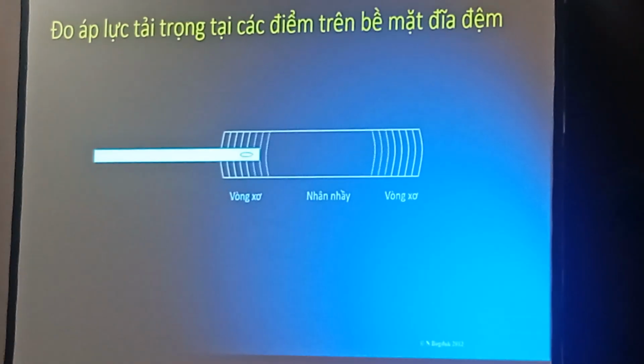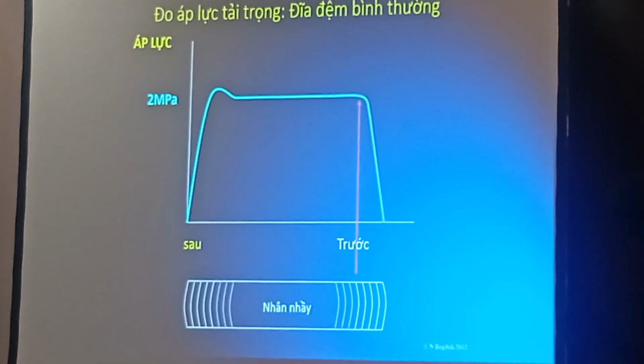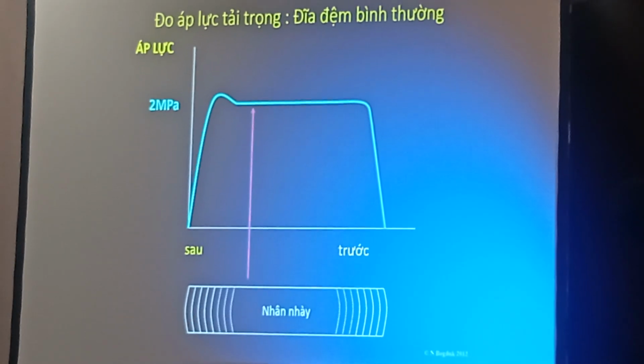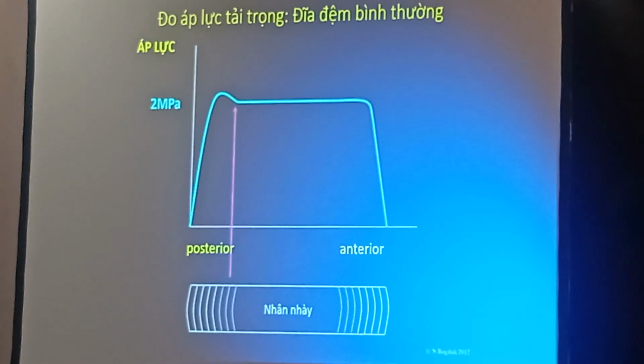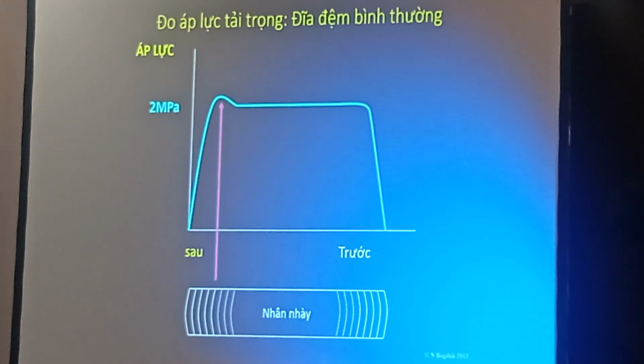And when we do that, we're going to see a profile that's going to look like this. In the anterior annulus, the pressure is maintained as we go across the nuclear compartment, and we have a little more pressure in the posterior annulus. So this is the healthy state.